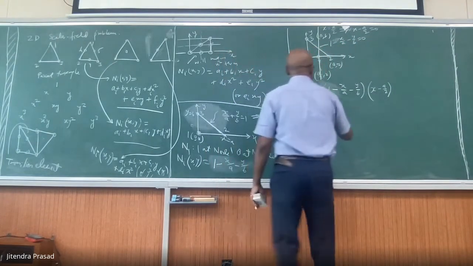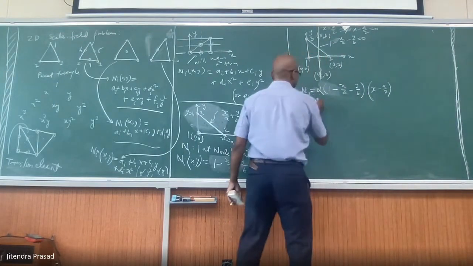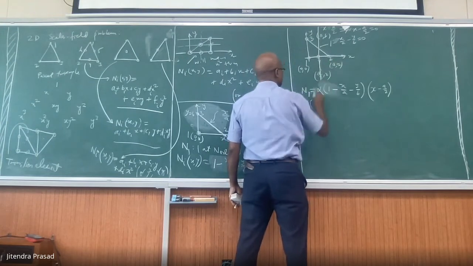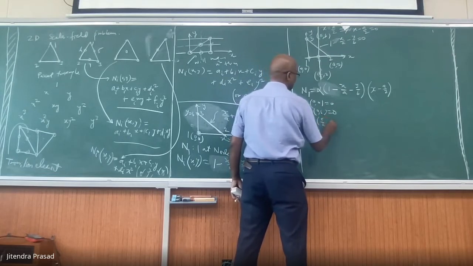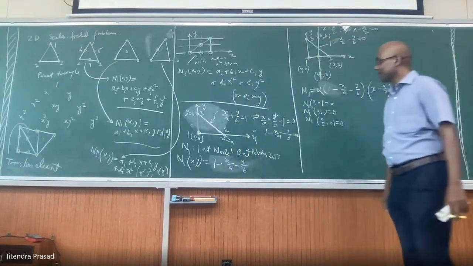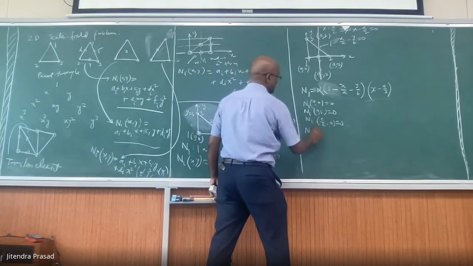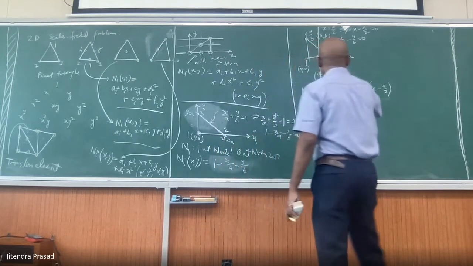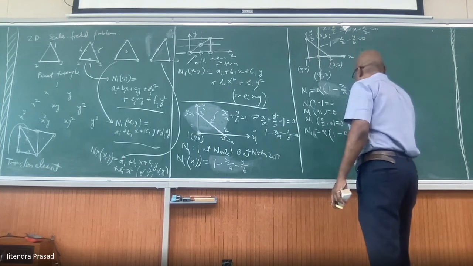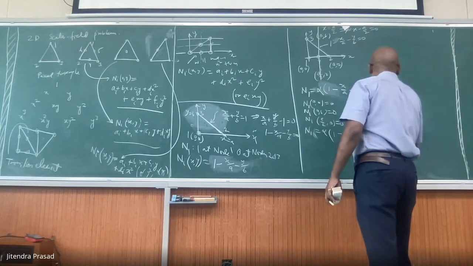Yeah, so you can see that if you put x equal to a, n1 at (a, 0) will be 0, n1 at (0, b) will be 0, and n1 at (a/2, 0) will be 0 because of this. But n1 at (0, 0) is equal to alpha times (1 minus 0 minus 0) multiplied by (0 minus a over 2), which has to be equal to 1.